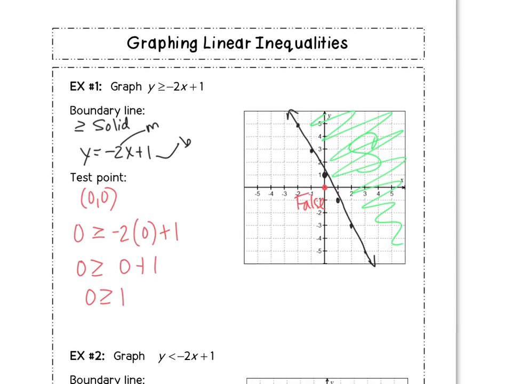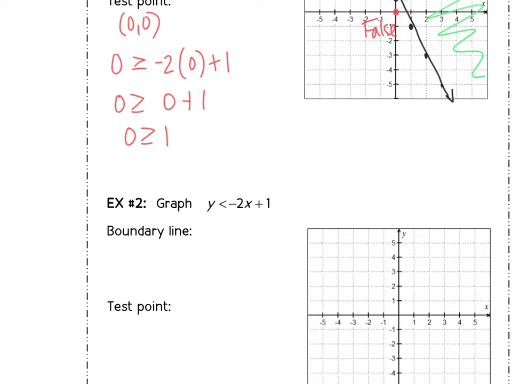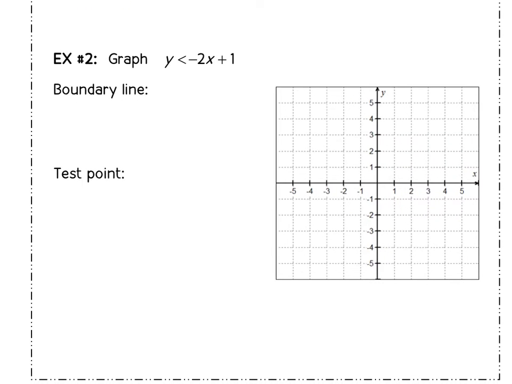And that's my answer. Anything in that shaded half plane would solve my inequality. If I picked any coordinate there, it would make the equation here true. Next example, number 2. Number 2, boundary is going to go from the, let me grab something here.